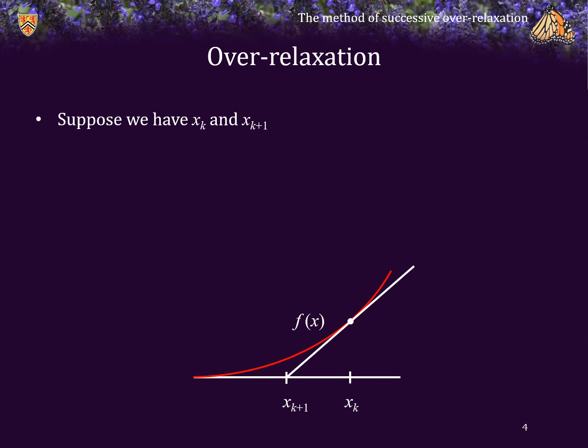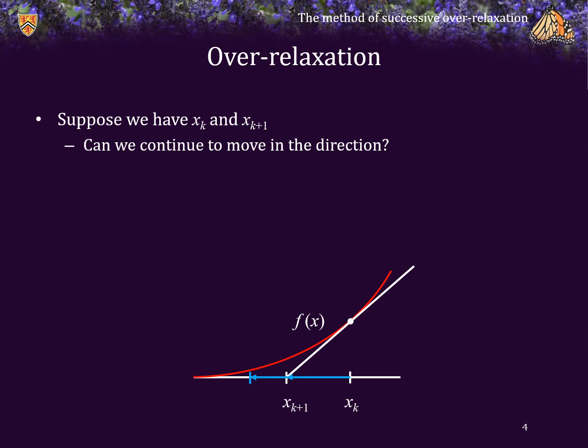Now, suppose that we've calculated x_{k+1} given the value x_k. So we are moving from one approximation point to the next. The question is, can we move a little bit more in the direction that we are moving towards the root?